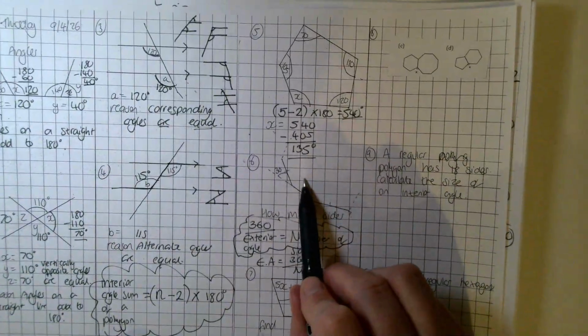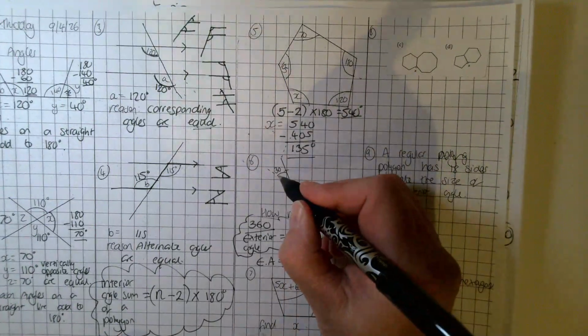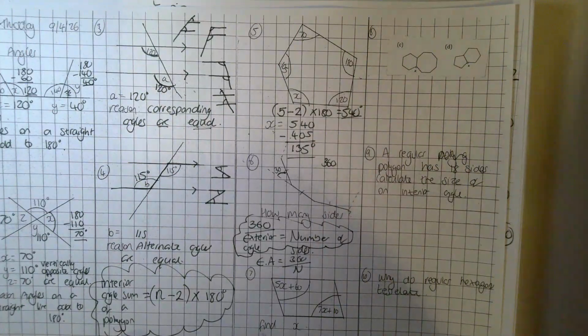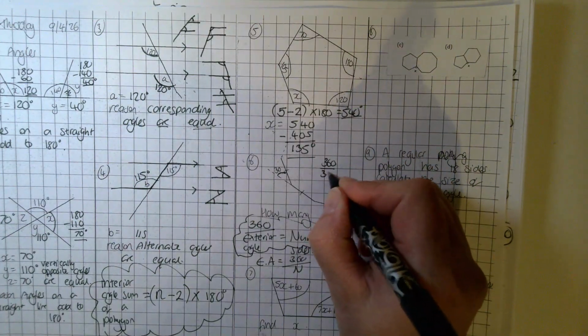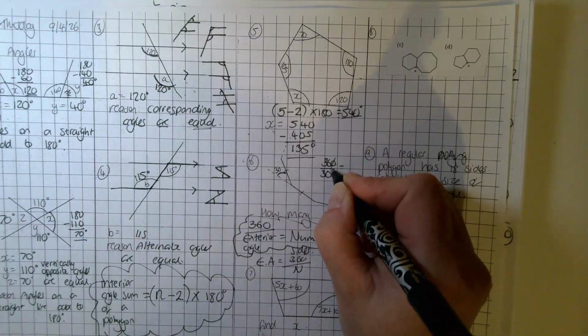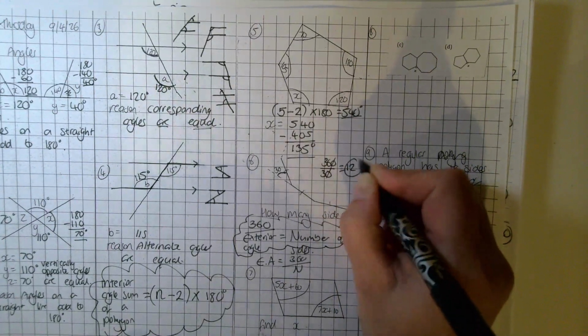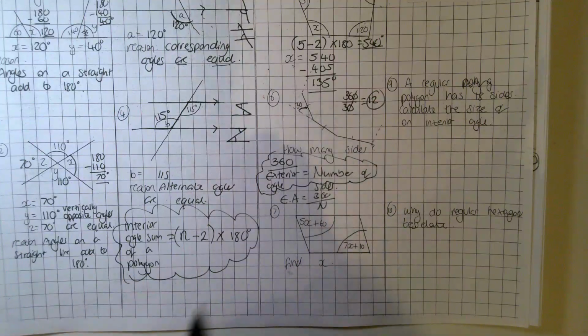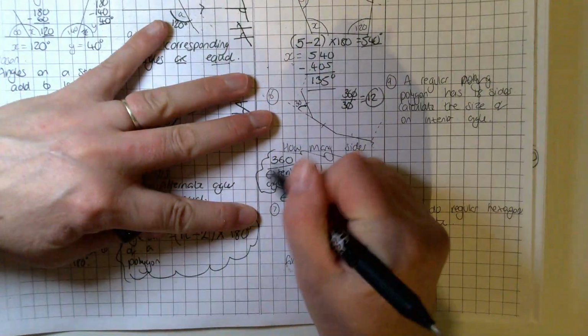So for this one here, we know one exterior angle is 30 degrees. So we do 360 and divide that by one exterior angle. That's going to tell us that this must be a 12-sided shape. I'd probably actually write that the other way around. I'm not too happy with that.